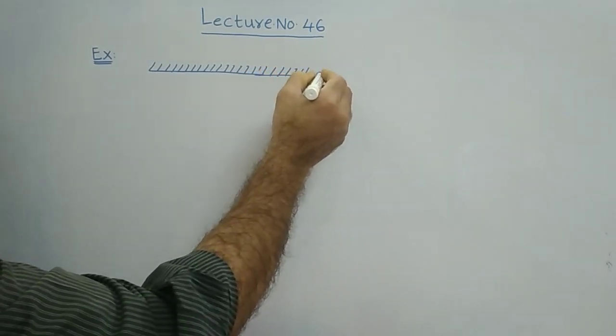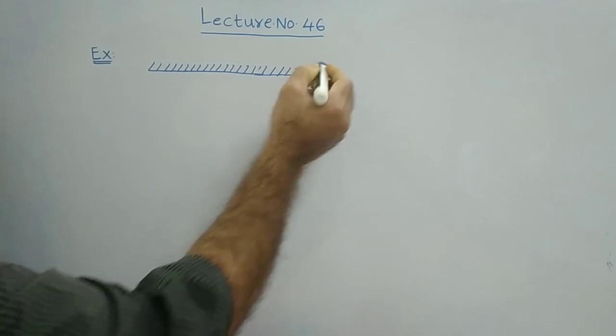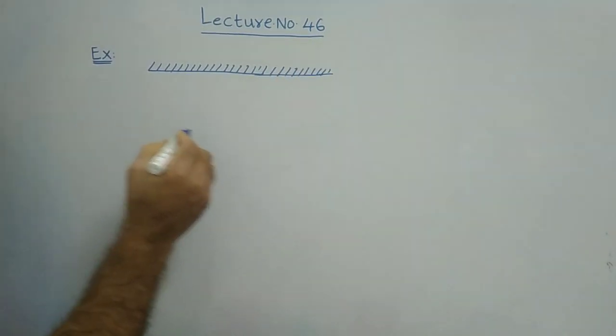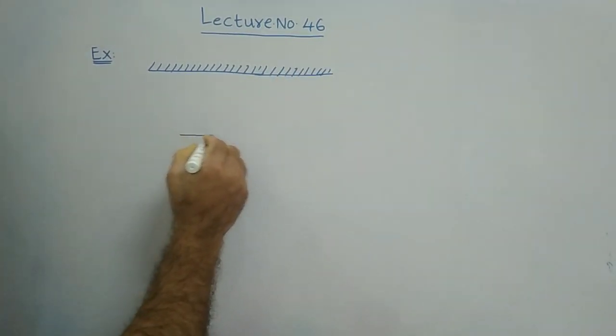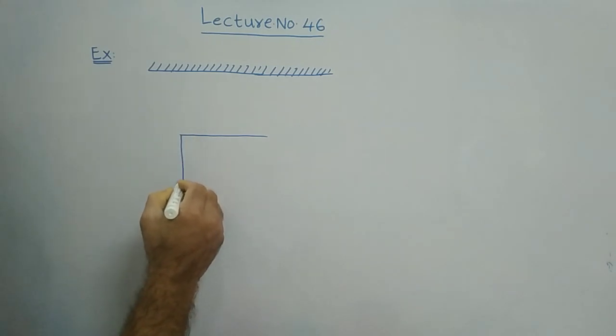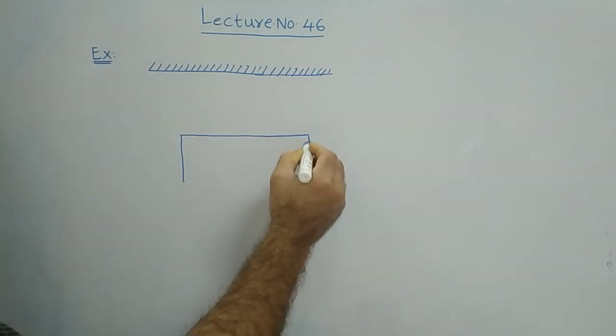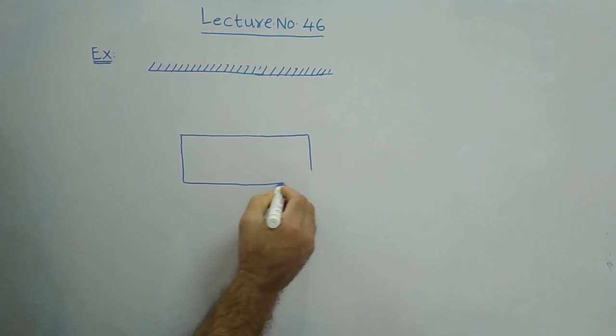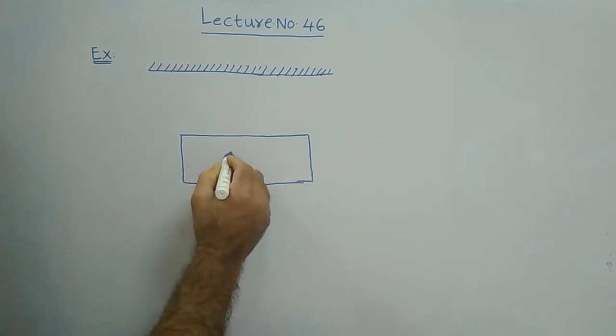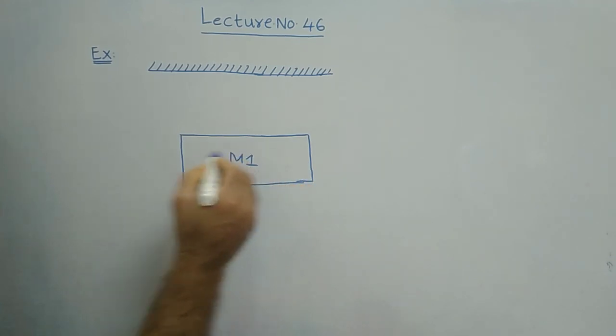This is the block diagram, a mechanical translational system, in which you have one block, which you can call M1.